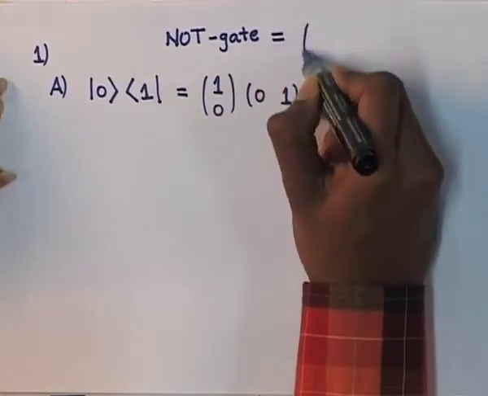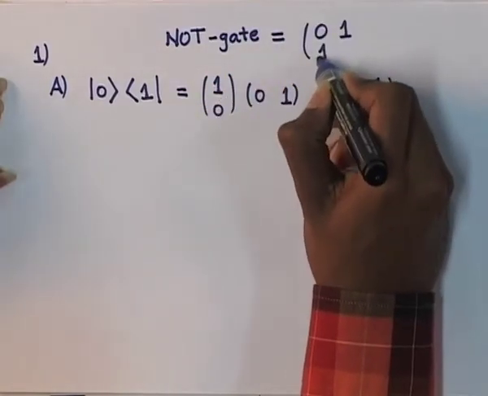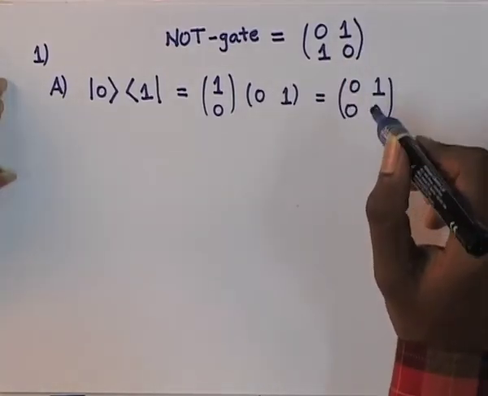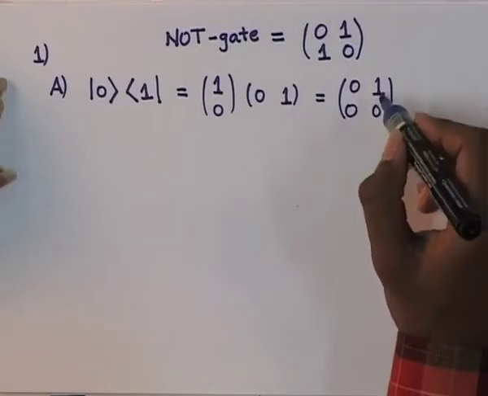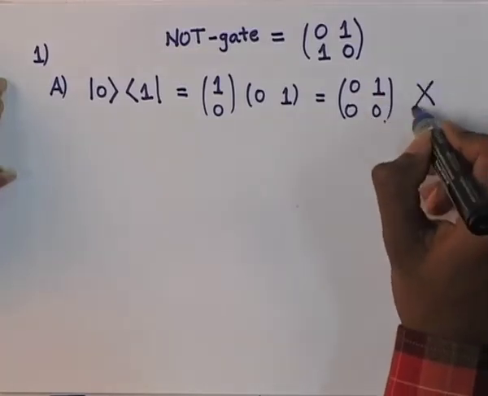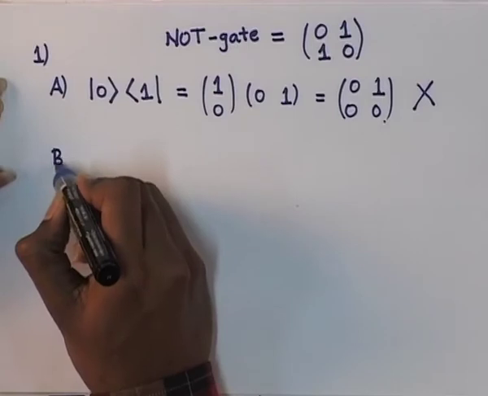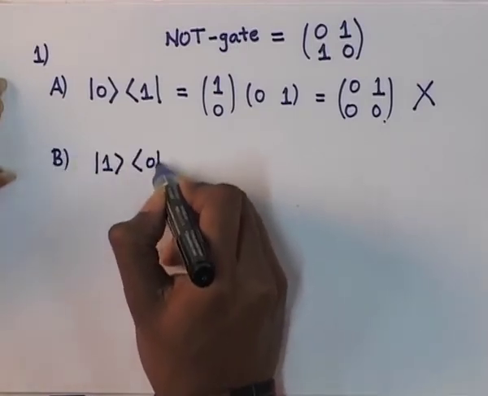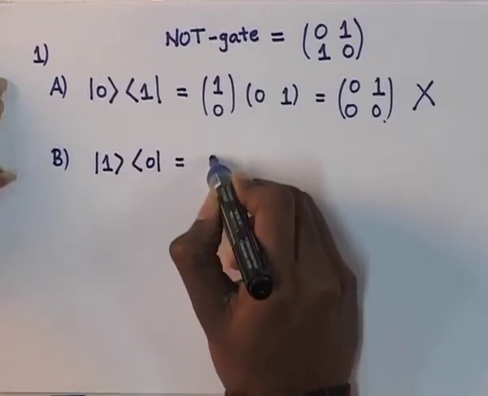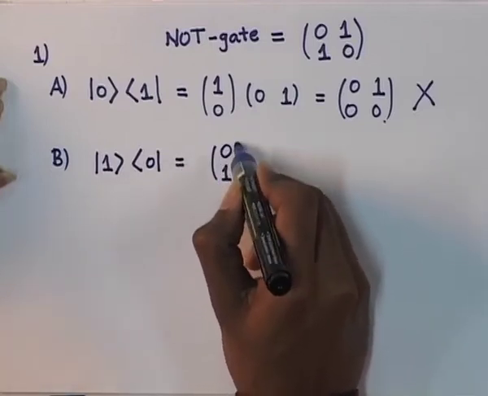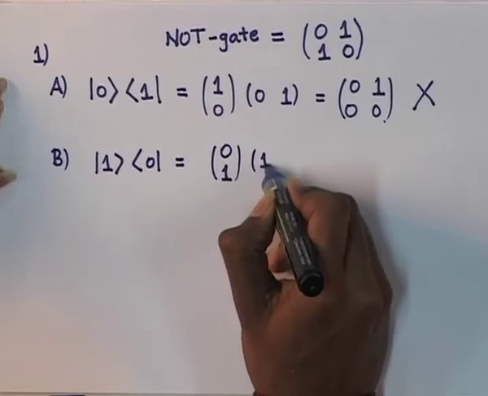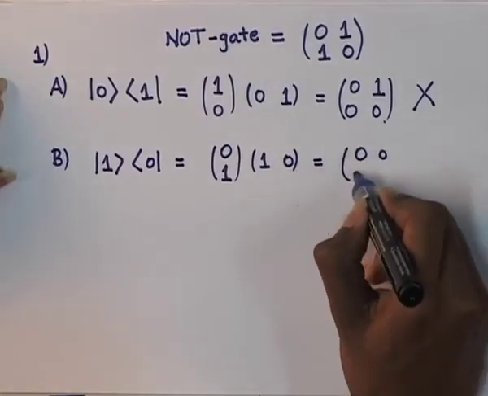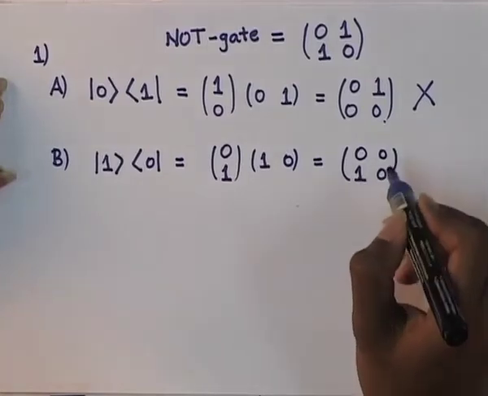NOT gate is the same as X gate, (0, 1; 1, 0), but the first option is equal to (0, 1; 0, 0), so this option is not correct. So option B says it's equal to |0><1| times |1><0|, which is equal to (0, 0; 1, 0). We see that even this option is not correct.